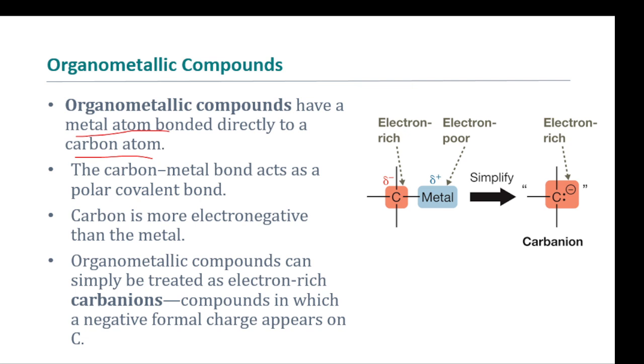The carbon-metal bond is going to act as a polar covalent bond in most cases. You can think of it as a very, very extreme polar covalent bond that tends to fall apart fairly easily. We good with that so far?